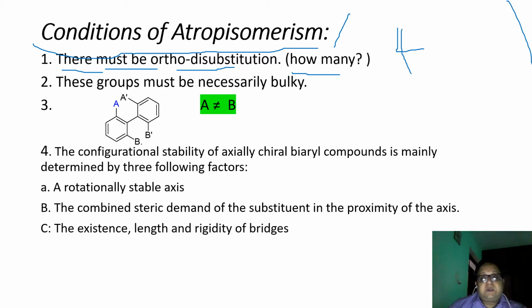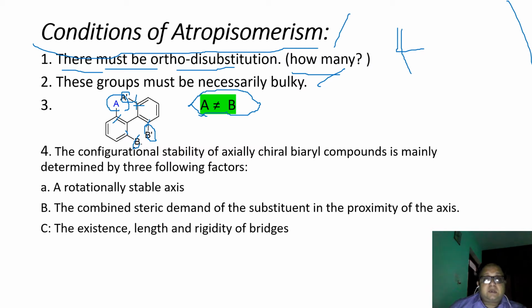These groups must necessarily be bulky. So these are 4 substitutions, 1, 2, 3 and 4, and all the 4 substitutions are at the ortho positions of the biphenyl. And these groups should not be similar, meaning A should not be equal to B. Otherwise, they would not be enantiomers.